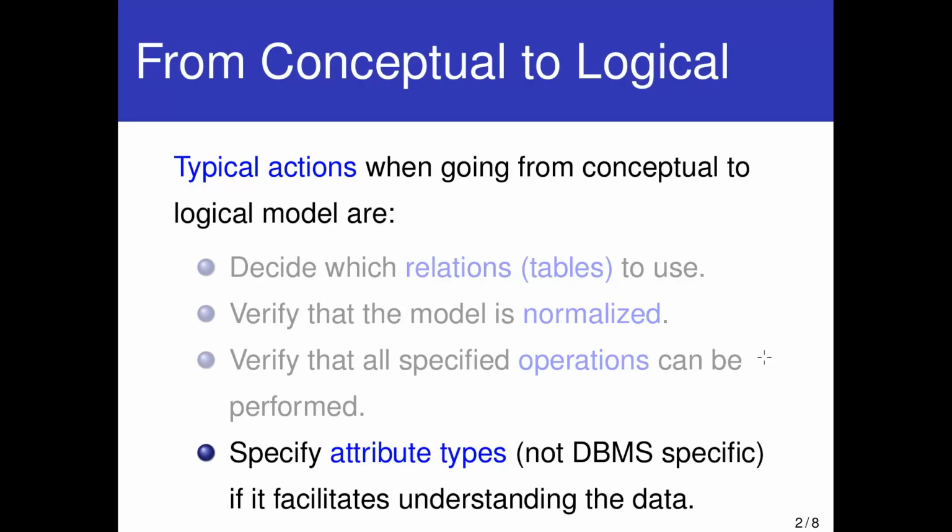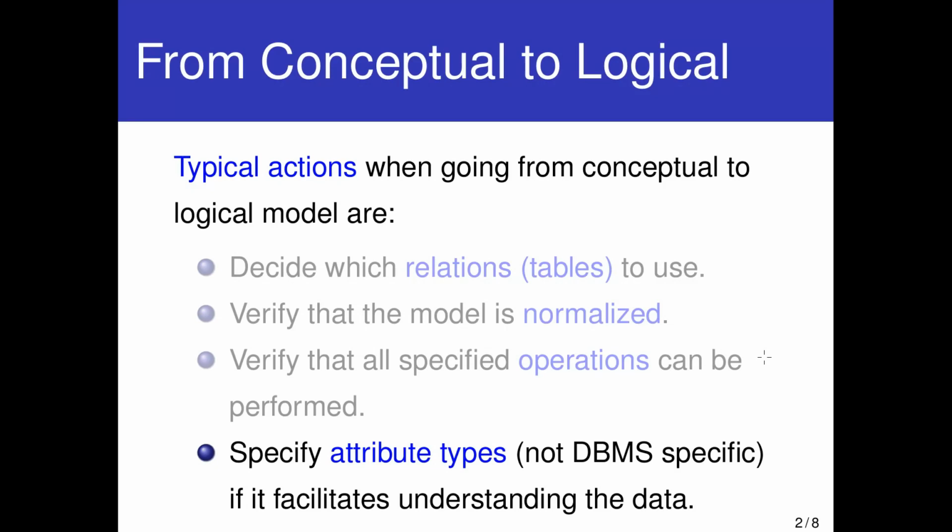Also, the logical model can specify attribute types, but only if it facilitates understanding the data. It's not required to specify attribute types in the logical model, and in particular we should not use DBMS specific database types, like types that are specific for just Postgres or just MySQL or just some other database.